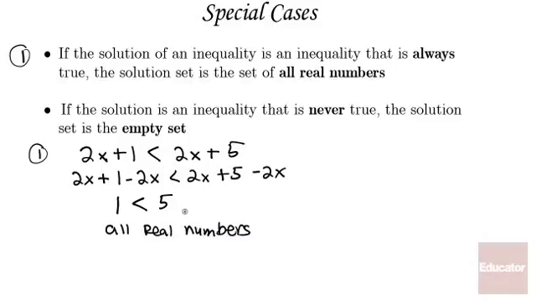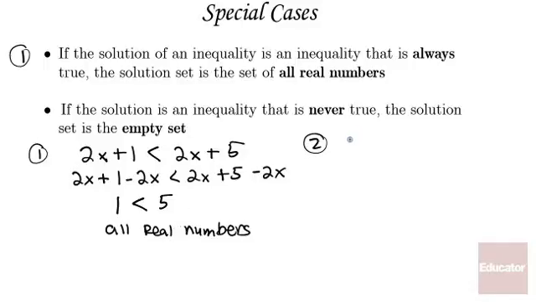Another special case can occur. If the solution is an inequality that is never true, the solution set is the empty set. Let's talk about a situation where the variables drop out, like this, but then I end up with something that is never true.